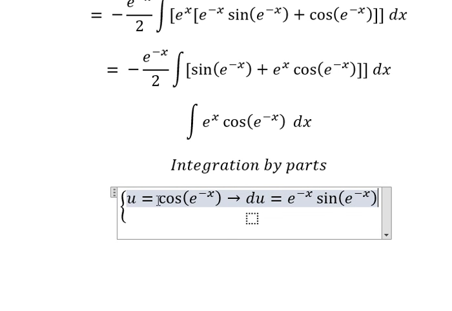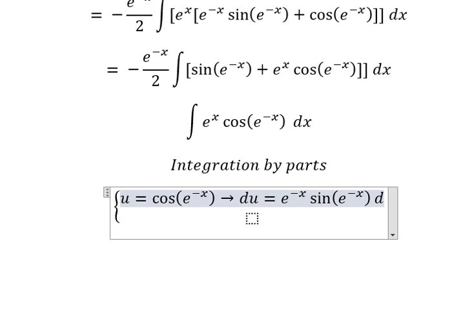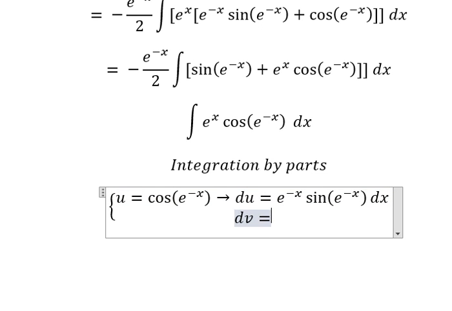Because we have two negatives from cosine and negative s, that's why we have positive in here. dv equals e to the power of s ds, and we have v equals e to the power of s.